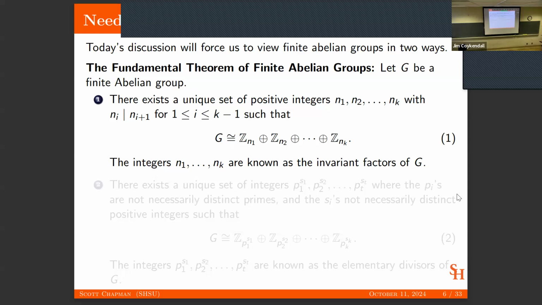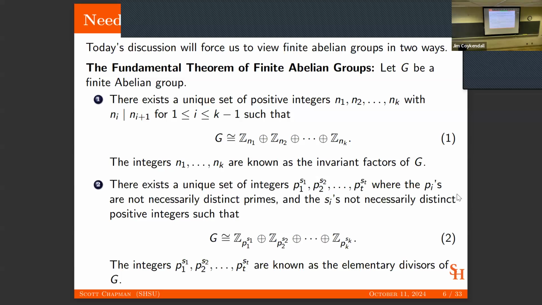So again, if I have a finite abelian group, I know that it can be written as a direct sum of cyclic groups, Zn1 plus Zn2 plus ... Znk, where the indices divide each other on the way up. N sub i divides N sub i plus 1 as i varies from 1 up to k minus 1. And these integers are called the invariant factors, and that's going to be important in this discussion here in a few minutes.